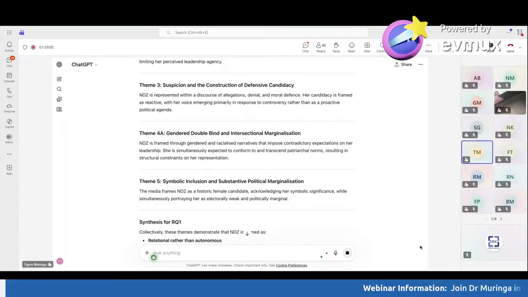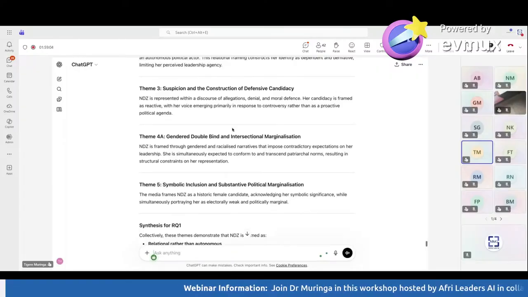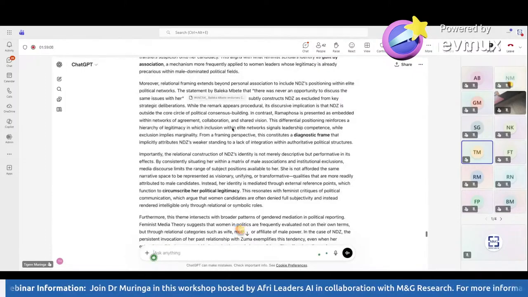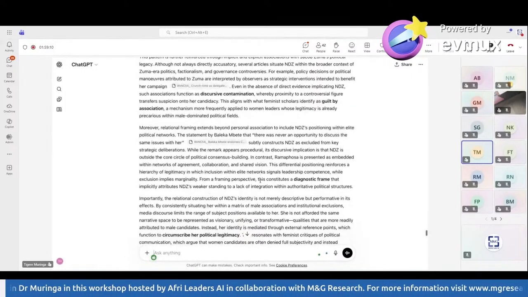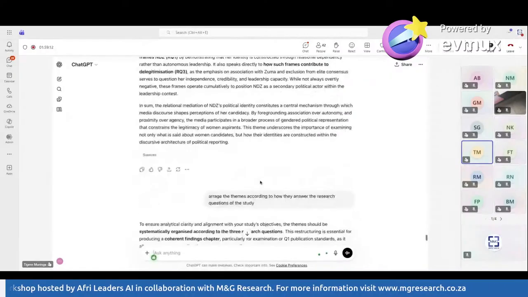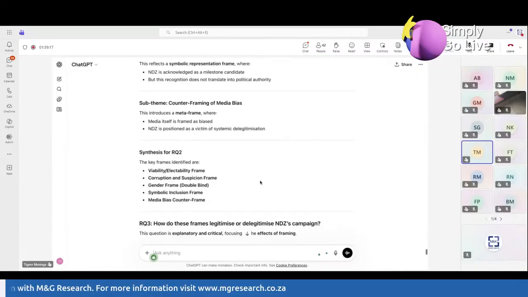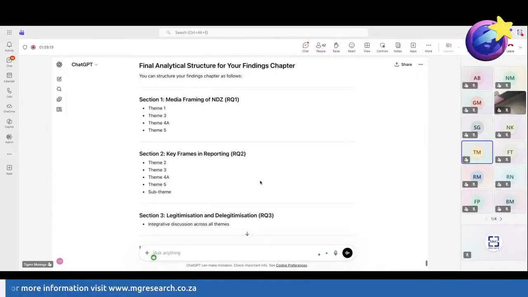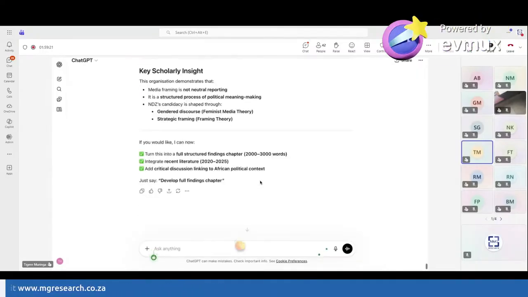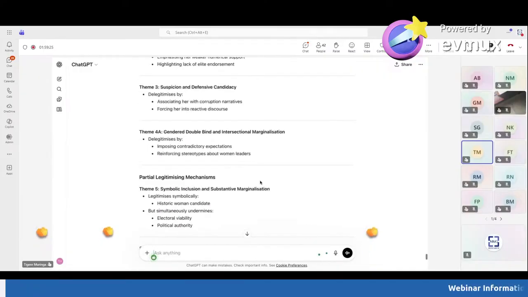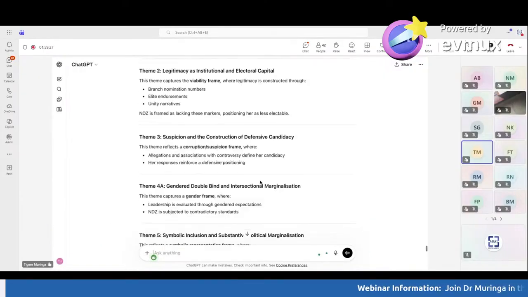What is key in every presentation is to make sure that you do not replace your human judgment and critical evaluation of these themes with the way things are happening here on ChatGPT. Do not delegate your work to ChatGPT or these platforms, but always include your critical judgment whenever it is necessary. It's very important.